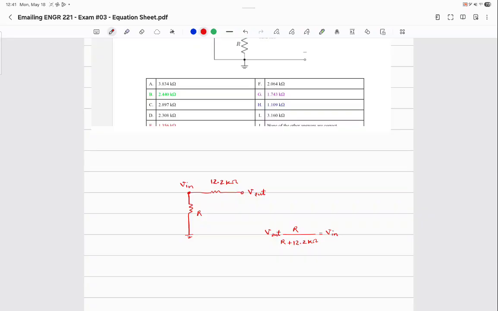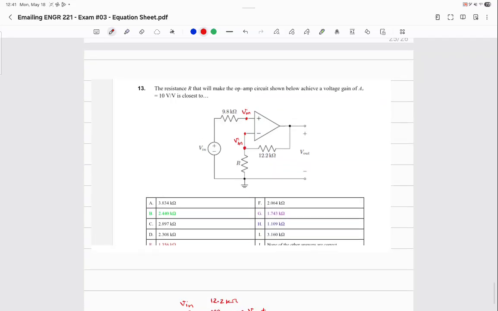That's voltage division. So Vout over Vin is equal to R plus 12.2 kilo ohm divided by R, which is 1 plus 12.2 kilo ohm divided by R. What is the name of the left-hand side?